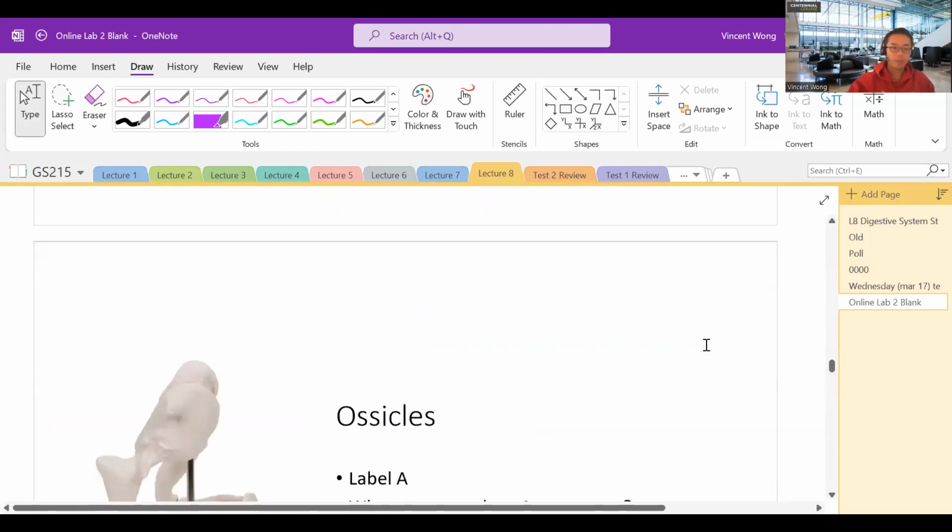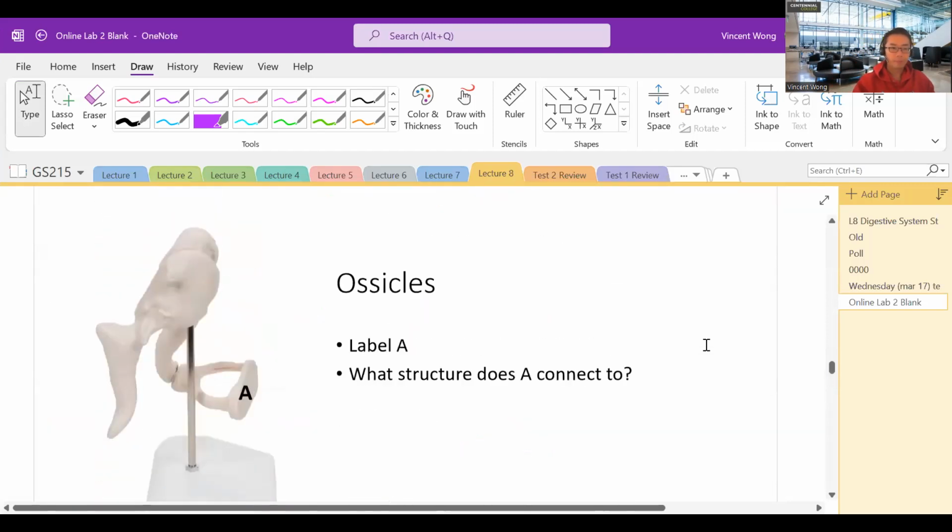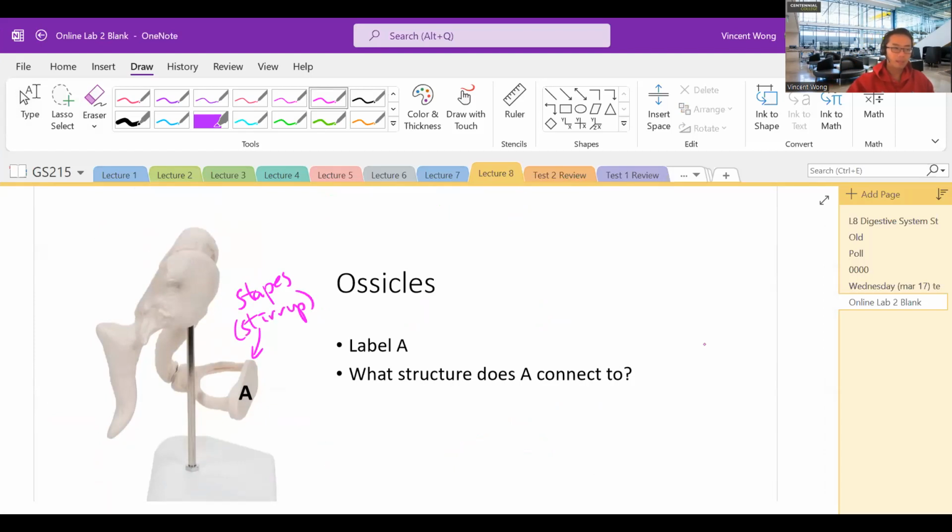All right, here is a better picture. Okay. A is the stapes that was missing from the previous slide. Another name for stapes is stirrup. What does A connect to?